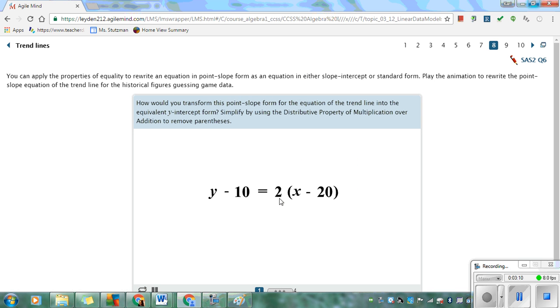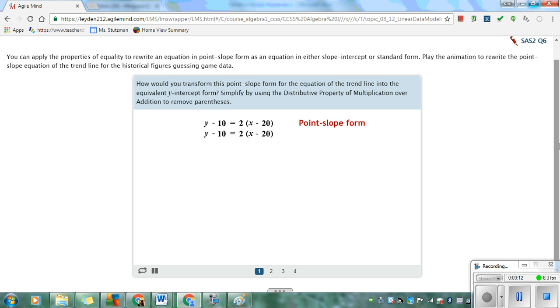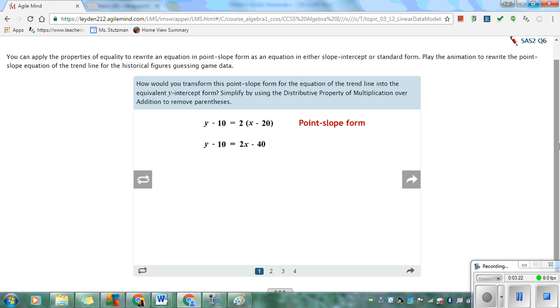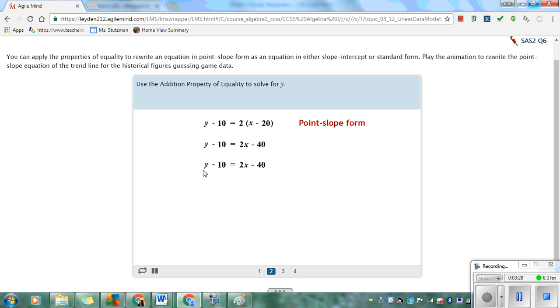So what we need to do now is take point slope form and convert it into slope intercept. So the first thing we're going to do is multiply everything on the inside by 2. 2 times x is 2x, and 2 times negative 20 is negative 40. When you get slope intercept form, now we want to get y all by itself. So I need to move this negative 10 and make it opposite.